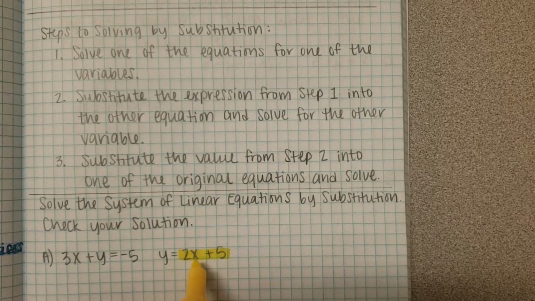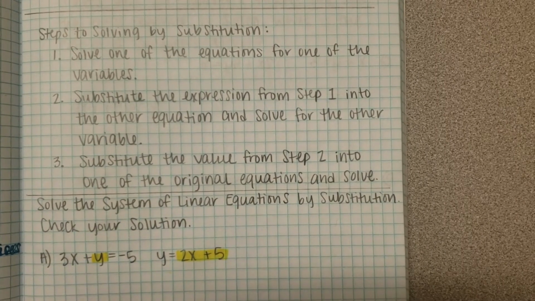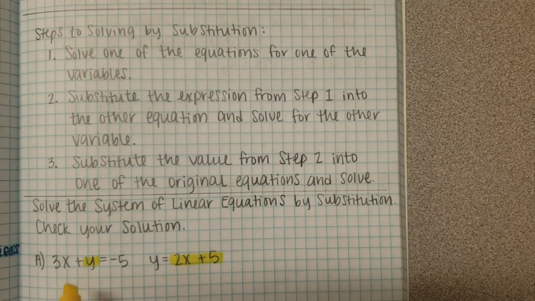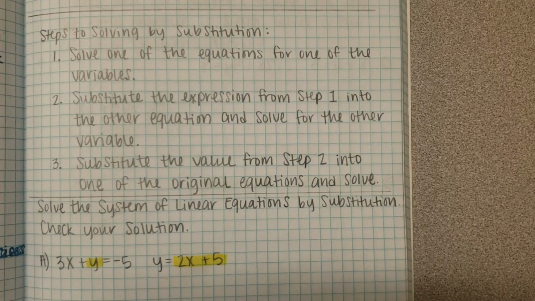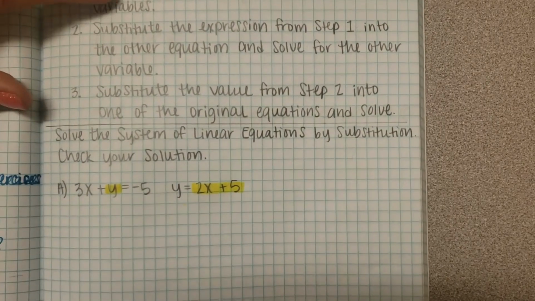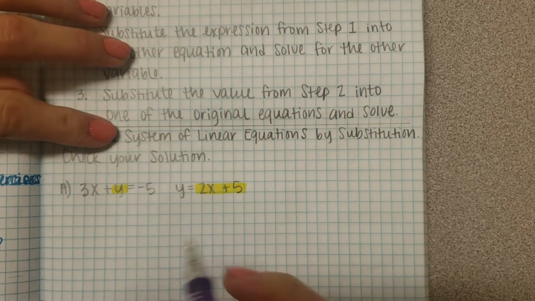So if y equals 2x plus 5, then this y equals 2x plus 5. So I'm going to rewrite this equation, putting this expression into it. And that's what I'm substituting. I am substituting y for what I know y to be over here.